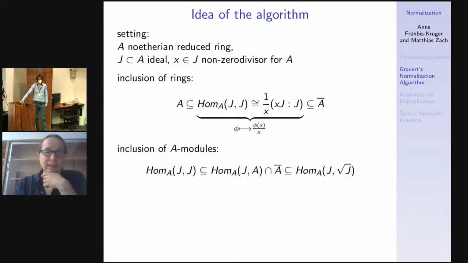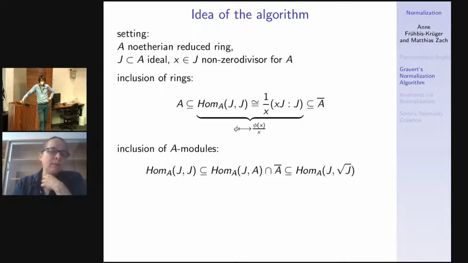Another thing that is useful here is to see that the A-homomorphisms from J to J, this time seen as an A-module, is contained in the intersection of the normalization of A with the homomorphisms from J to A, which is in turn contained in the homomorphisms from J to the radical of J. Why is that important?